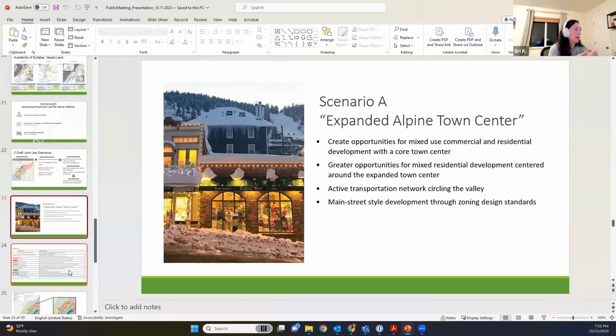That's what we mean by that term. And the intent is also to potentially create more design standards around Main Street style development. That would happen through zoning design standards, but in your land use plan, you can identify broader visions like Daniel talked about. So that is scenario A.